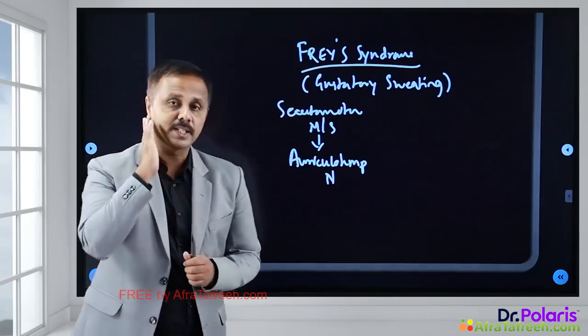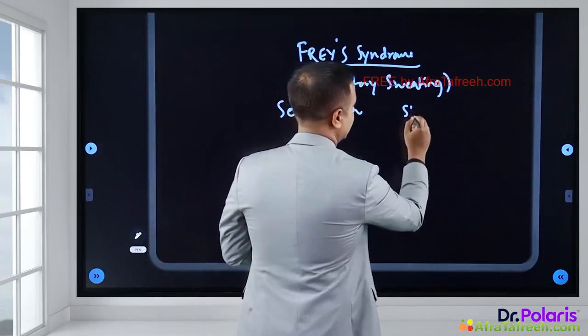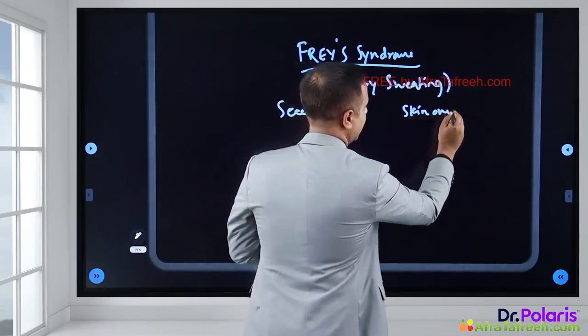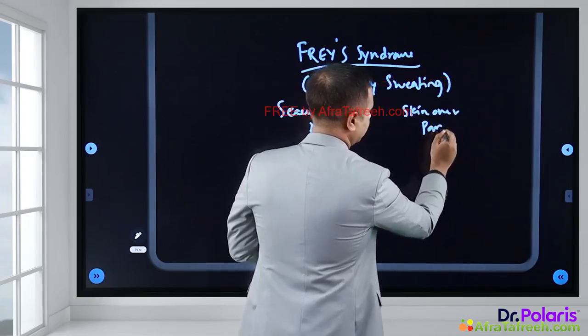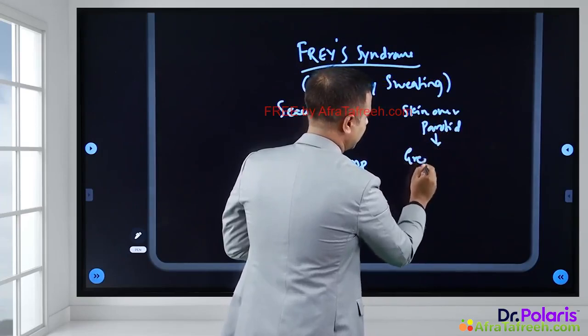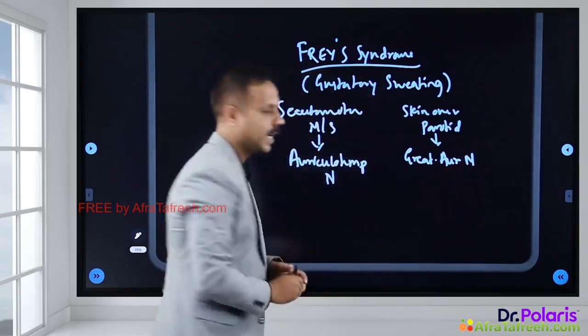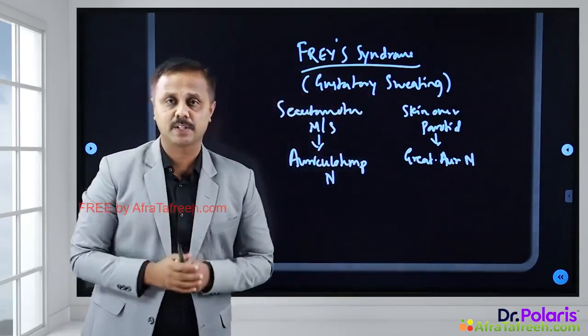Similarly, remember, the skin over the parotid gland is innervated by the greater auricular nerve, right? It is supplied by the greater auricular nerve.